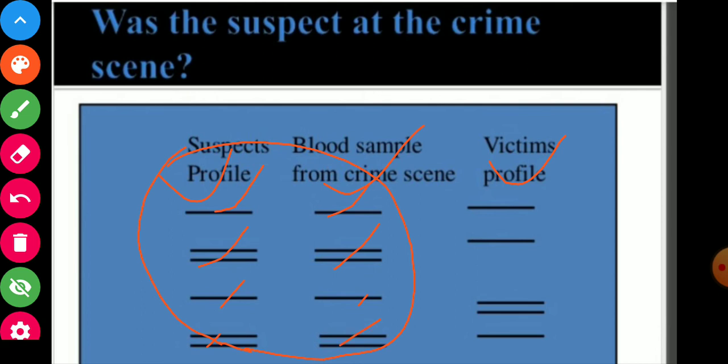So the same DNA is there in the blood sample that was collected from the crime scene and the person suspected, and the victim. So the suspected person may be behind the crime, because the blood sample shows that he was present at the crime scene.